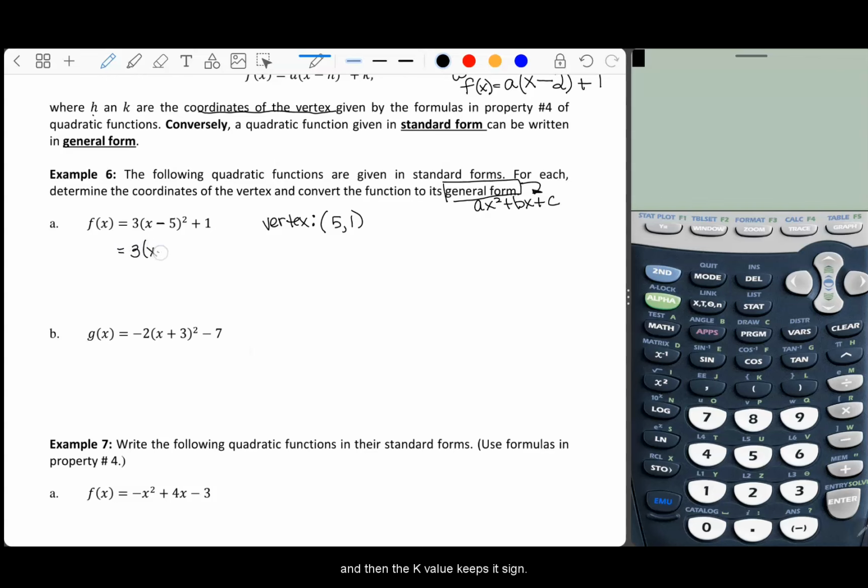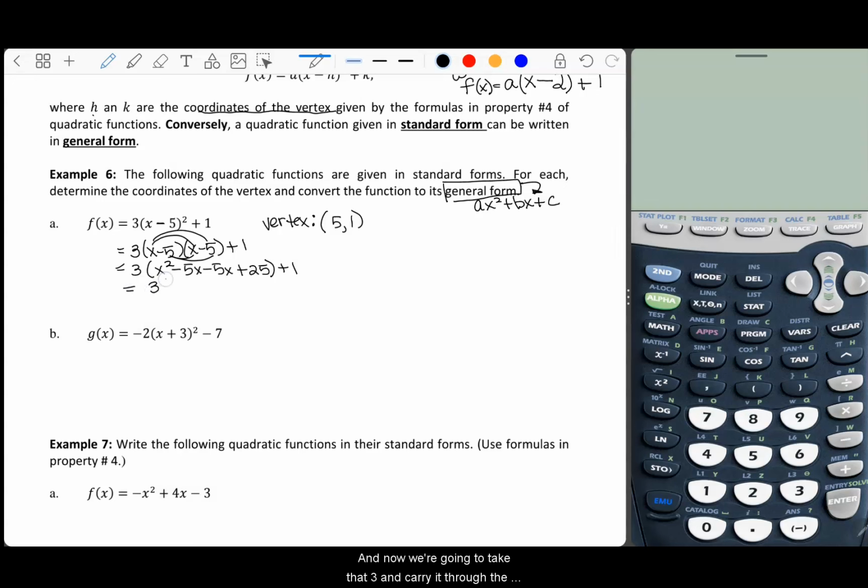And then the k value keeps its sign. To turn it into the general form, I need to square x minus 5, which means multiply x minus 5 twice. So we get x times x is x squared, x times negative 5 is negative 5x, negative 5x times x is negative 5x, and negative 5 times negative 5 is a positive 25, plus 1.